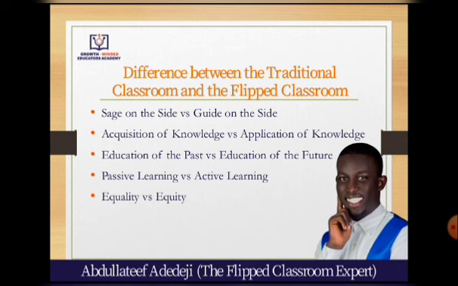But in the flipped classroom, we bring the concept of equity, where students actually have their own autonomy, where they have control over how they learn and when they learn. For example, some students learn best in the morning or in the night. So when you give them videos to watch, they can decide, okay, this is the time I'm ready to learn. But in the traditional classroom, the only thing we follow is the timetable.